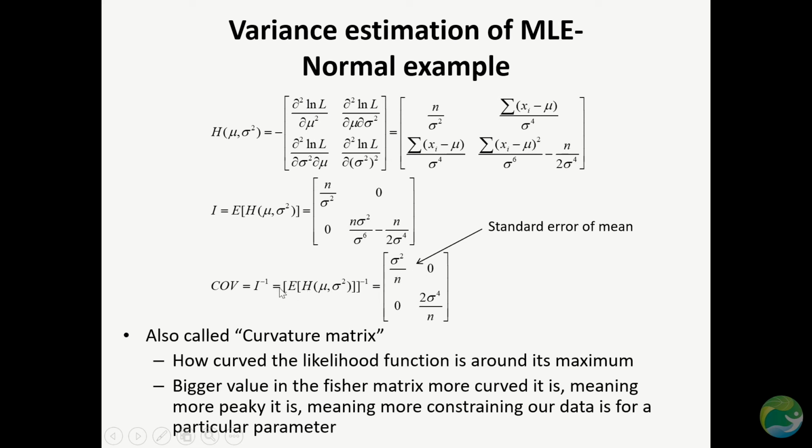This inverse matrix is called a curvature matrix. And the value in the diagonal term is the standard error of the parameter. In this case, it's the standard error for A and the standard error for B, standard error for intercept, and the standard error for sigma, for slope.